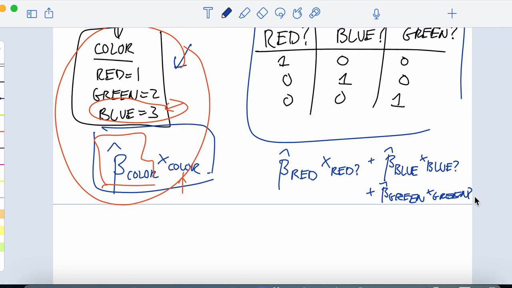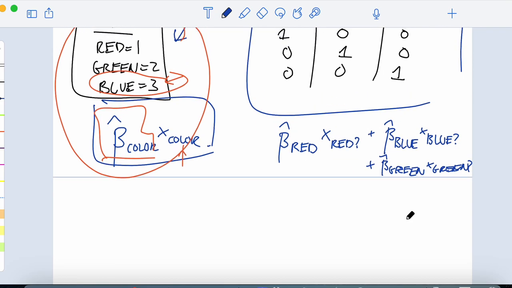So all the red houses get this score added up. Maybe red houses are better, so this number is big. All the blue houses get this number added up. All the green houses get this number added up. And we're not telling the computer any relationship between red, blue, and green. It will figure out the best possible coefficients. Maybe it will turn out that they're all equal, and it doesn't matter. That's fine. But we aren't giving it anything that's saying that red is better or blue is better.